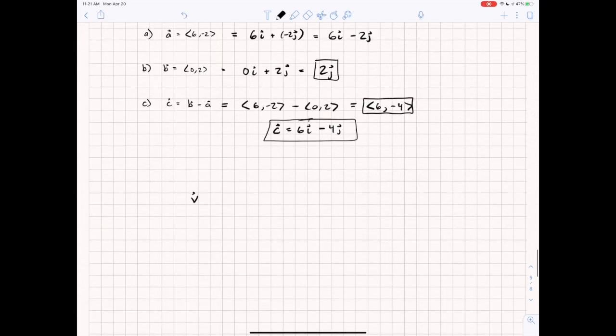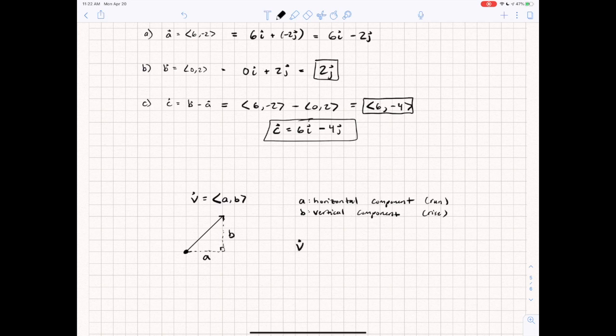So recall that for a vector, its component form is given by a comma b, where a is its horizontal component and b is its vertical component. Think about it like slope: this would be the run, and this would be the rise. When this is the case, if I were to sketch my starting position and draw my vector, a represents this distance here, b represents this distance here, which means a vector has magnitude and a vector has direction.